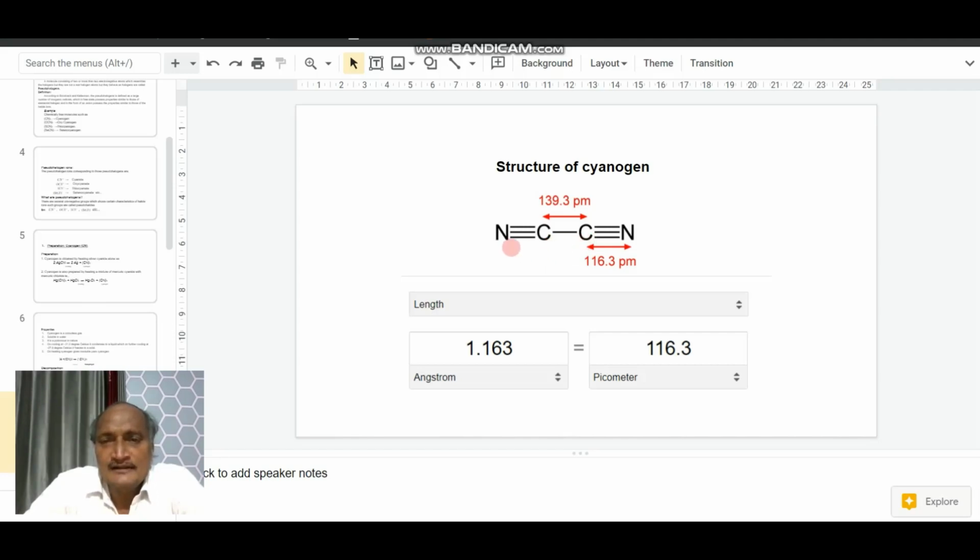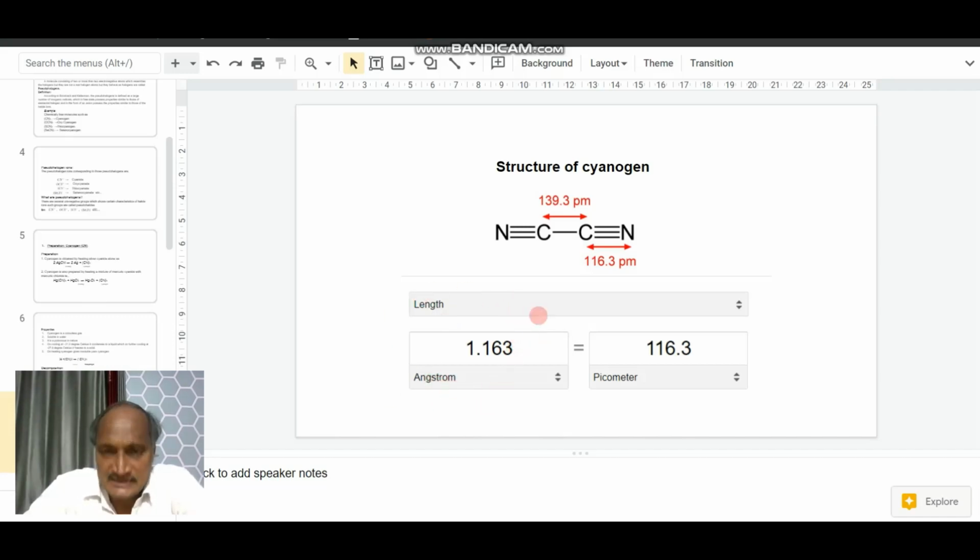The bond length between carbon and carbon in cyanogen is 1.39 Angstrom units, and the bond length between carbon and nitrogen is 1.16 Angstrom units.